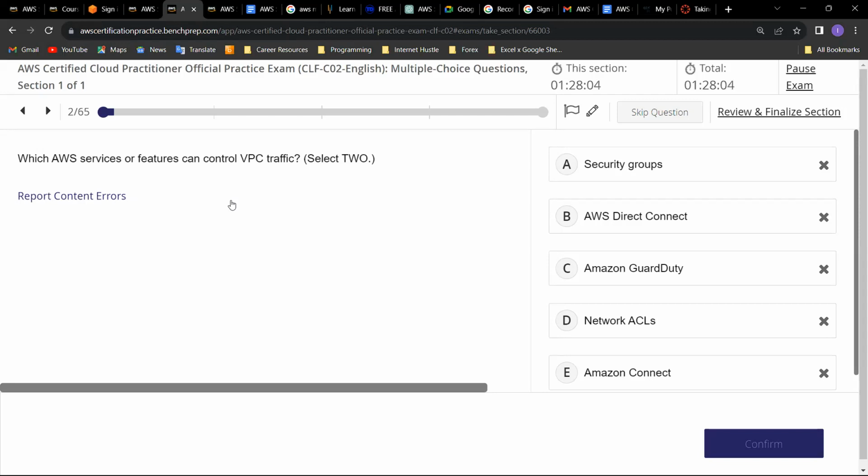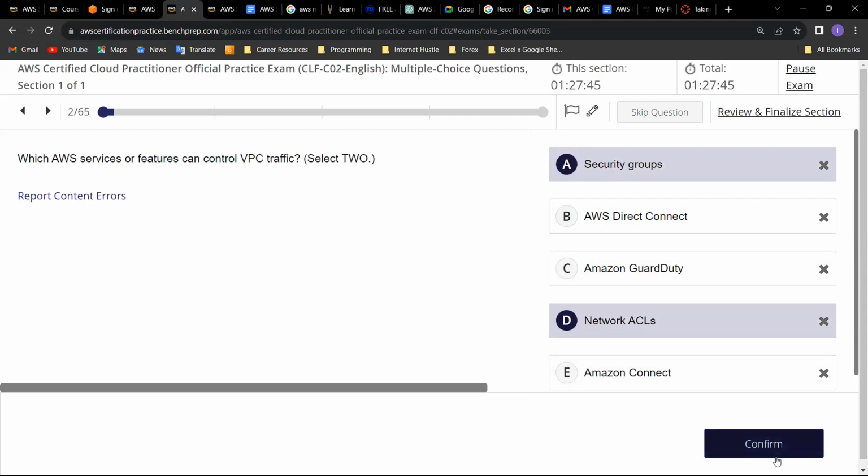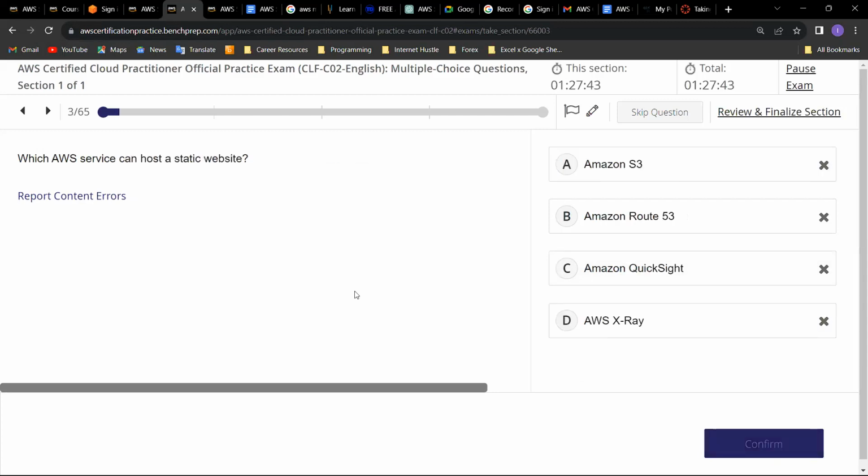A service or feature that can control VPC traffic. Okay, great. All right. So A and D is what we are seeing.